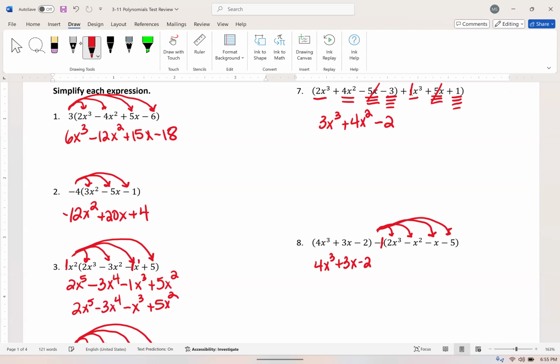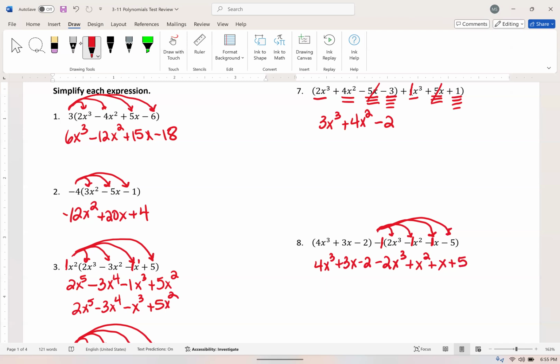Okay, so negative 1 times 2x cubed is negative 2x cubed. Remember, this is also a negative 1, so negative 1 times negative 1x squared is a positive 1x squared, or just x squared. Again, a negative 1 here. So negative 1 times negative 1x is a positive 1x, or just positive x. And then negative 1 times negative 5 is a positive 5.